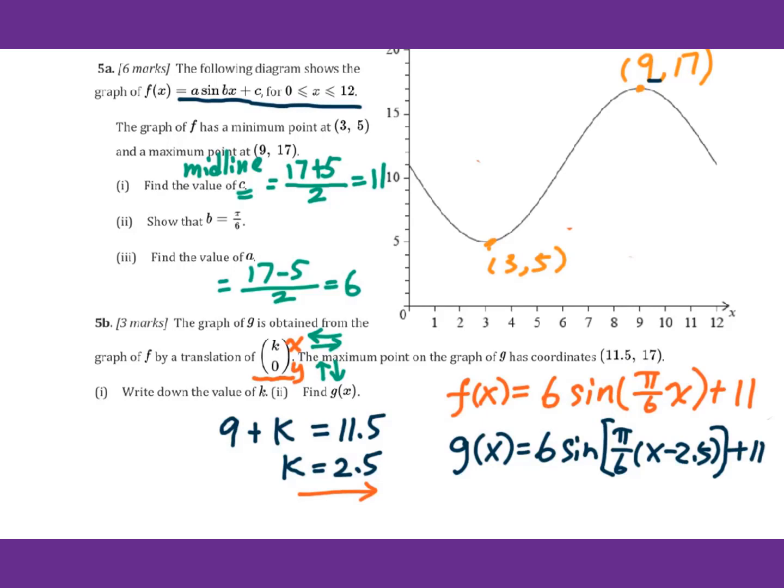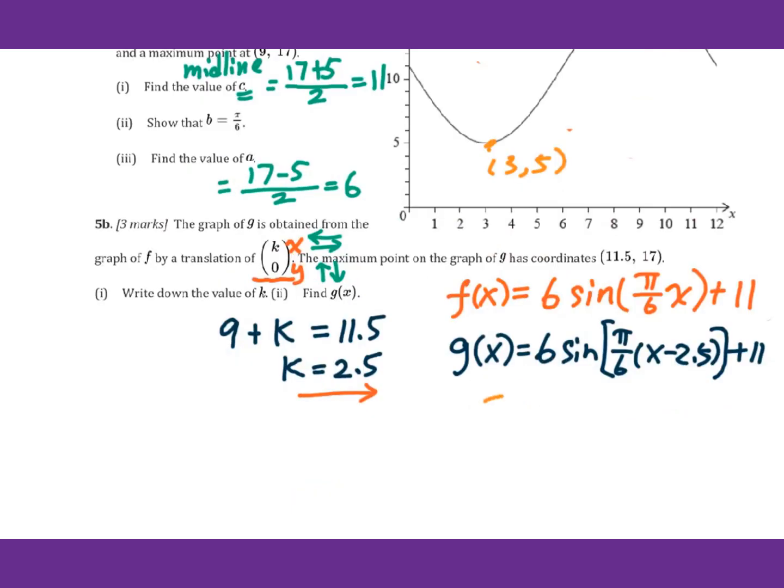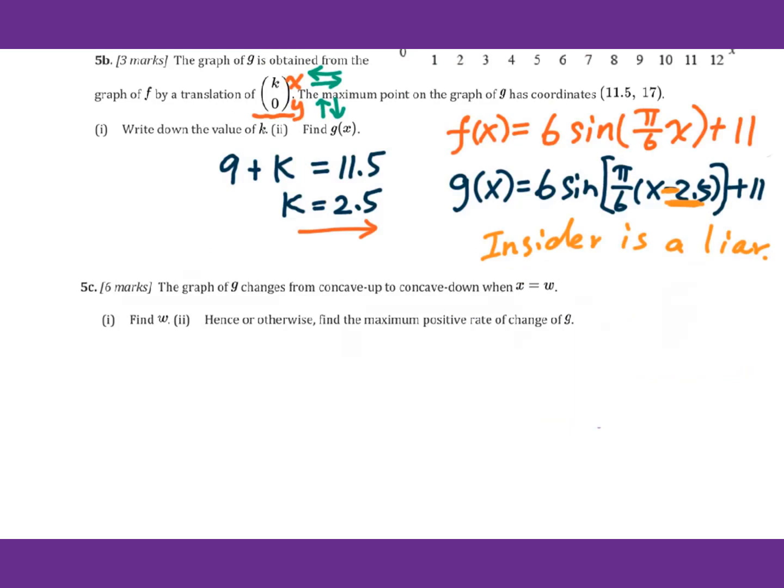When you move to the right, remember, inside is a liar. That's the reason here is minus 2.5.